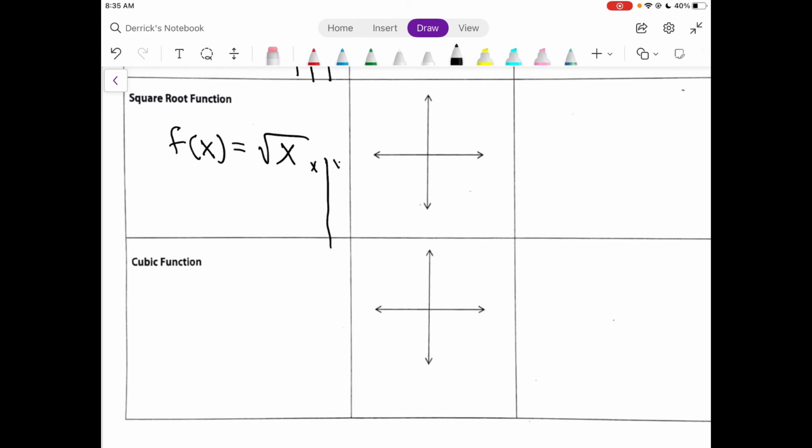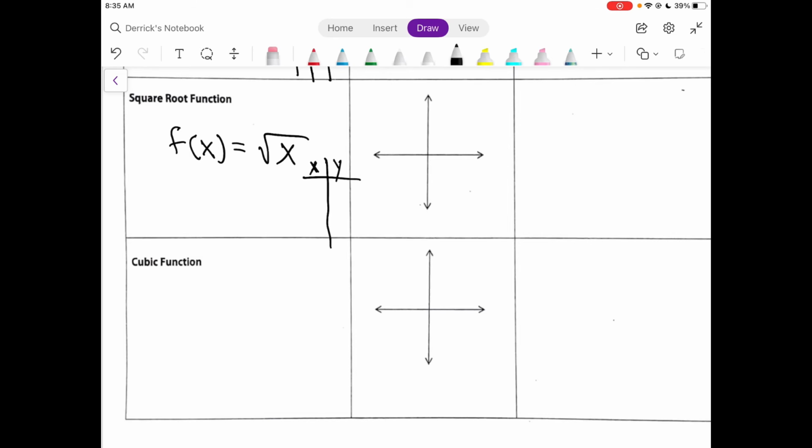Especially with this one, I would say we want to be careful with what we choose to plug in. Not that you can't plug in any x values you want, because with any xy table you can always plug in any x values you want to. But we know that sometimes square roots can give us pretty nasty numbers, so we might want to pick carefully to try and pick numbers that won't be terrible to graph out.